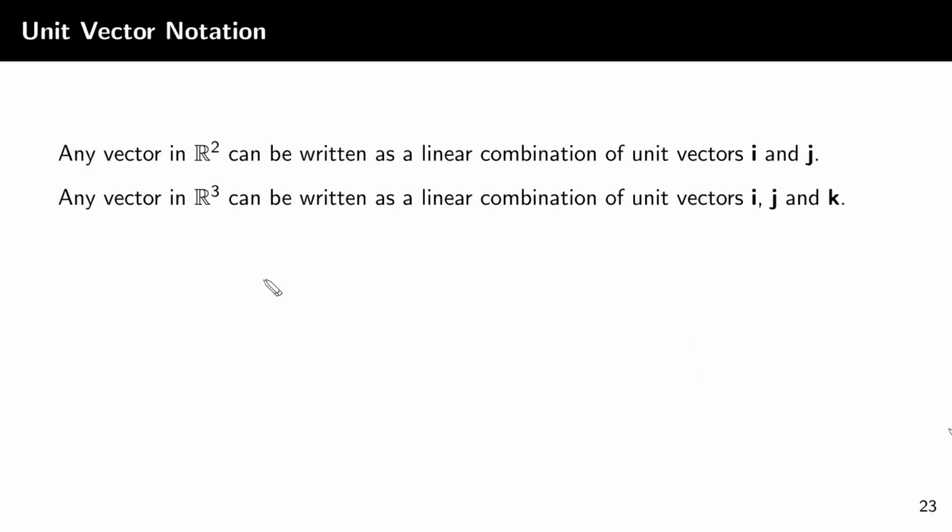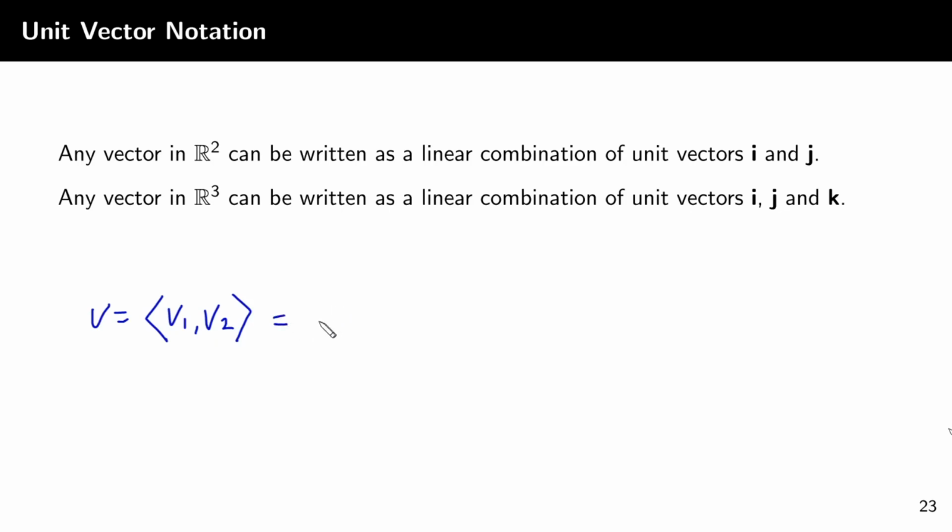Now, using those special unit vectors, we can actually do this. Any vector in R2 can be written as a linear combination of unit vectors I and j. So, paano yun? So, halimbawa, yung vector v ko, may components na v1 and v2. Okay.